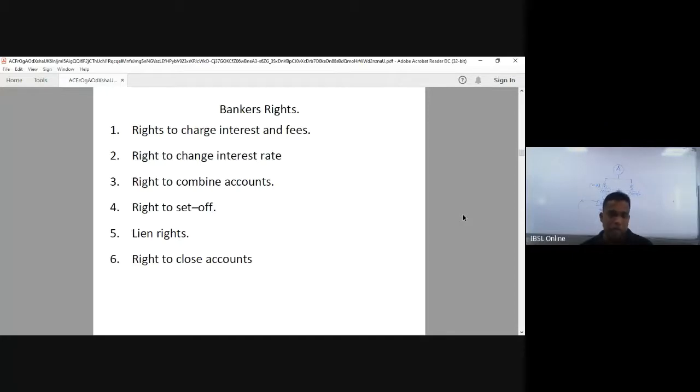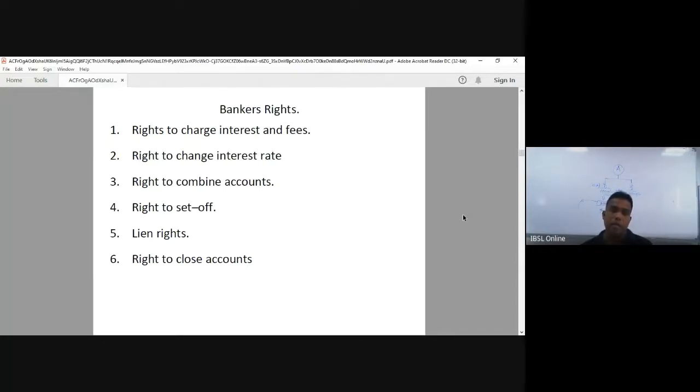One thing, the bank officers don't know that they have a right like this. That is number one. Number two, even though they know there is a right like this, they don't exercise it because it is high risk. The customer can challenge.